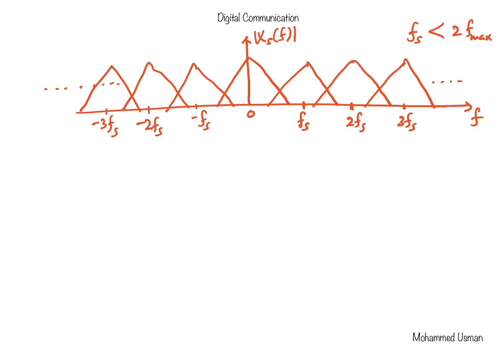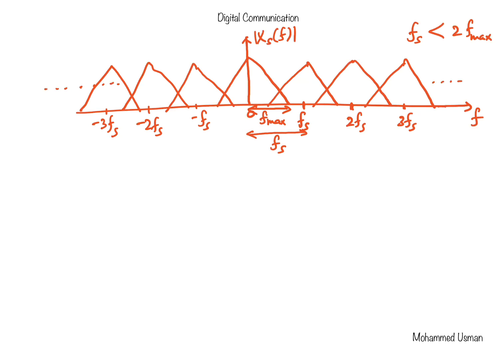So clearly from this diagram we see that that distance is going to be fs, and that distance is going to be f max, and that distance here is fs, and clearly fs is less than 2f max because of this overlap here. So this depicts the case where the signal has been sampled at a rate below the Nyquist rate.